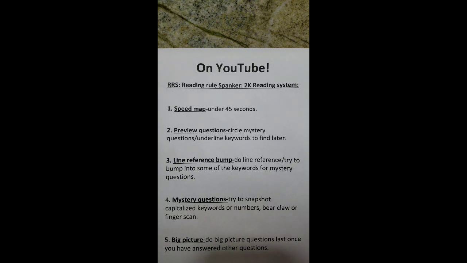So for example, if I went to line 54, and I was looking for black cell phone from problem number 19, and I come into line 54 and see it's on line 57, I would simply underline our keyword from the mystery question preview, answer the line reference question, and then bump into that mystery question and answer it since we're in the same paragraph.